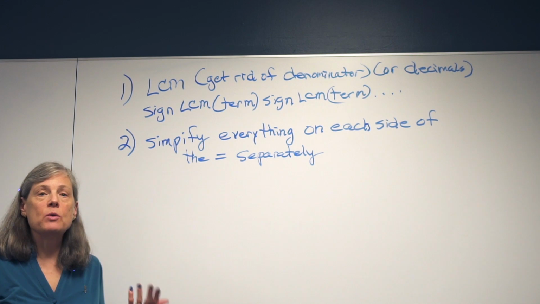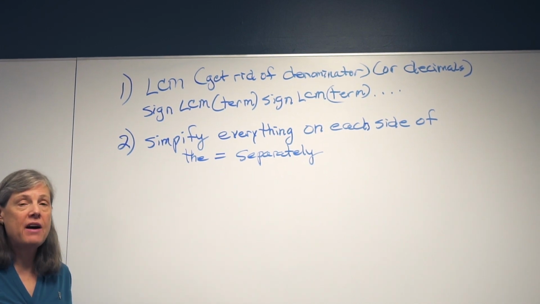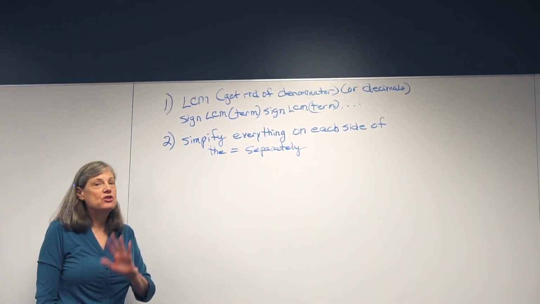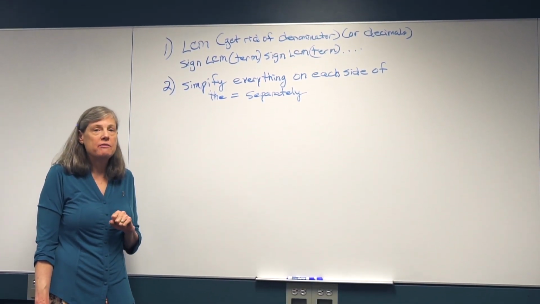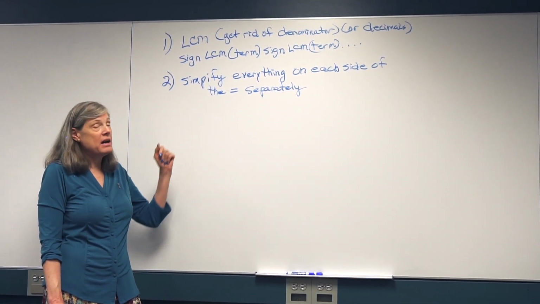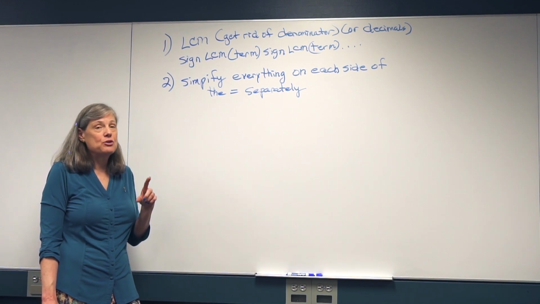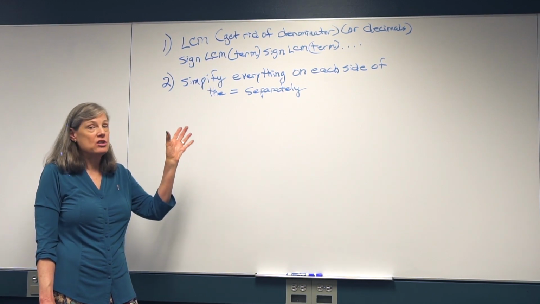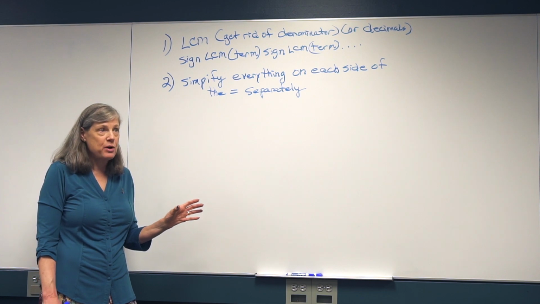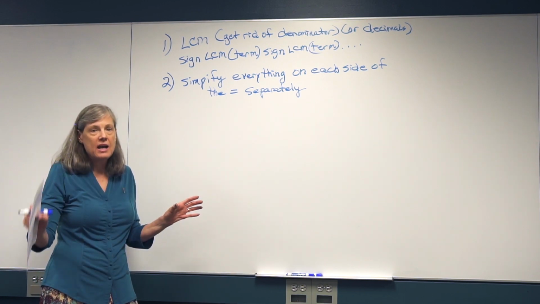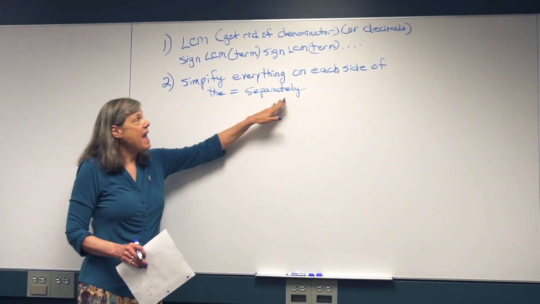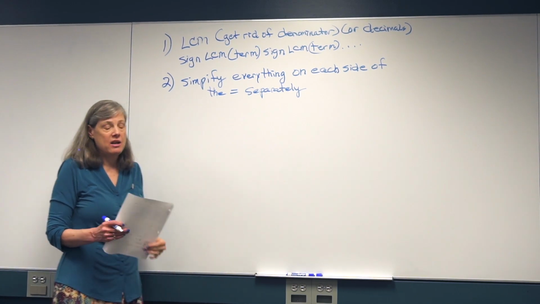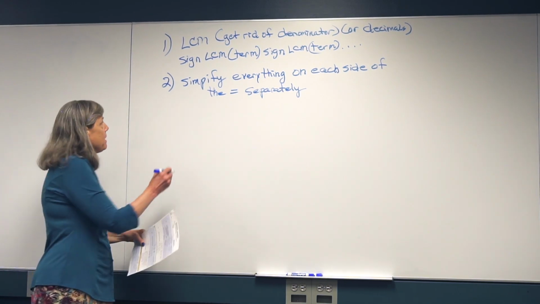Okay? Now remember, we said that we simplify expressions and we solve equations. So this is all about equations. What that actually means is an equation is an expression equaling an expression. So, we're going to simplify everything on each side of the equal sign separately.